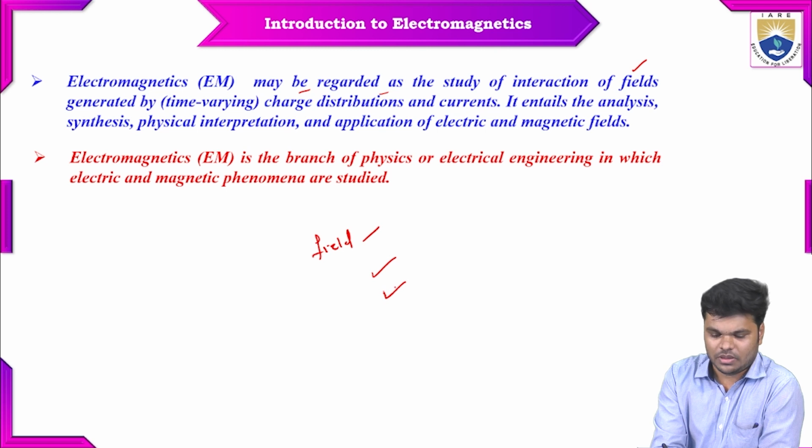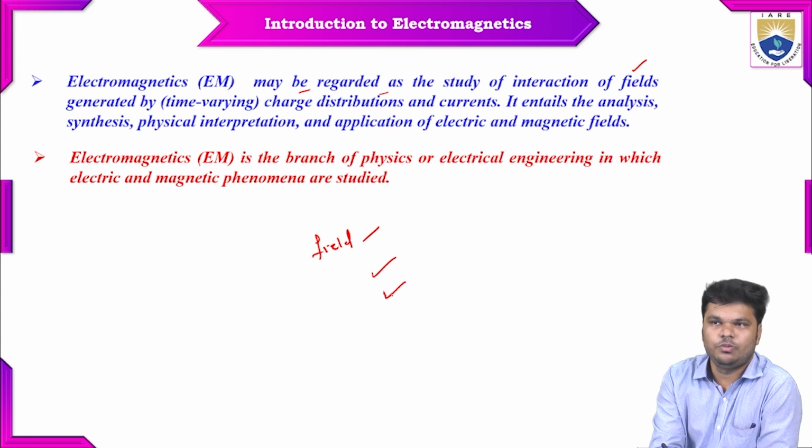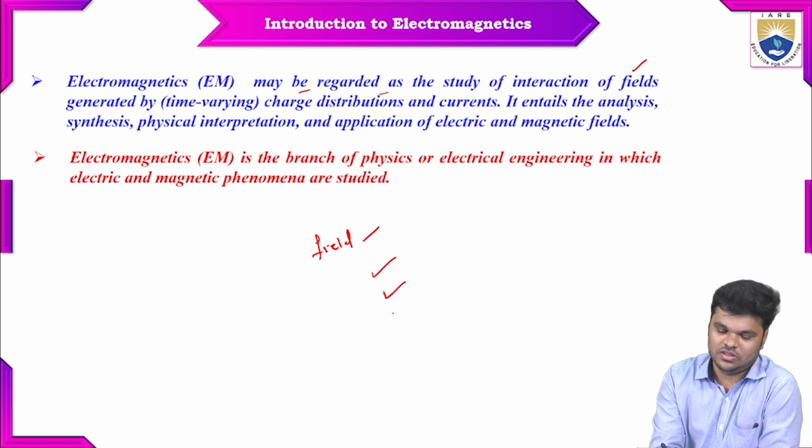Many of us have studied circuit theory in your previous semester, and you might have all been exposed to several kinds of circuits, couplers, filters, etc. The question one can generally ask is, why should one study this electromagnetic course?